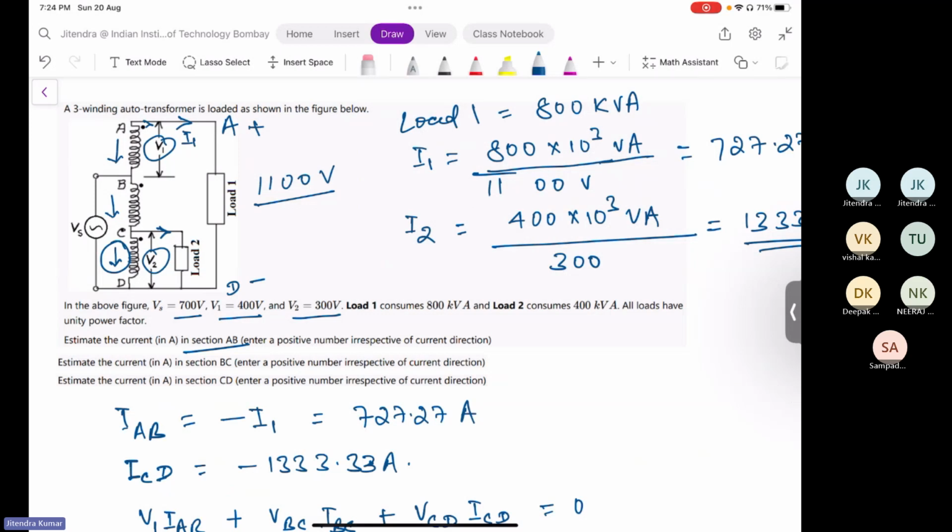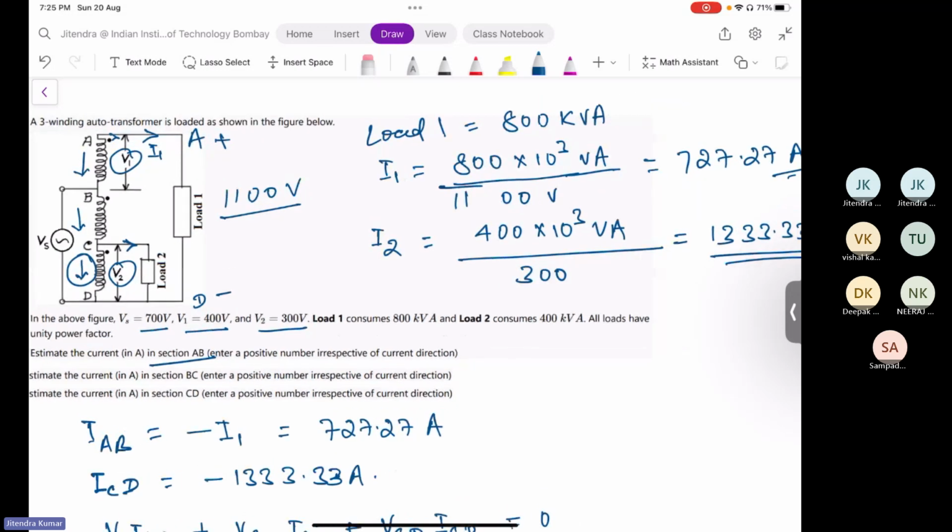Yeah, that is correct. And primary current we have computed. Primary current we can compute, right? 1200 kVA divided by VS. Yeah. That is also another way. Yeah, that is actually a shortcut, I guess.